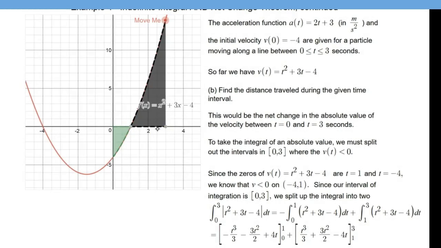To do that, we're going to figure out what the zeros of our function v of t are, because that's where it's going to change sign. My zeros are t equals 1 and t equals -4. That's how I know to break up my intervals from 0 to 1 and 1 to 3.